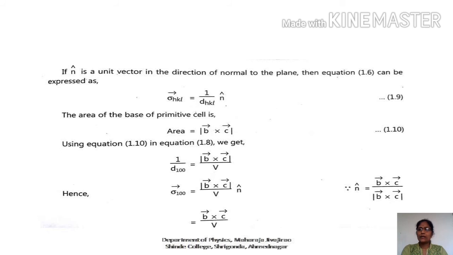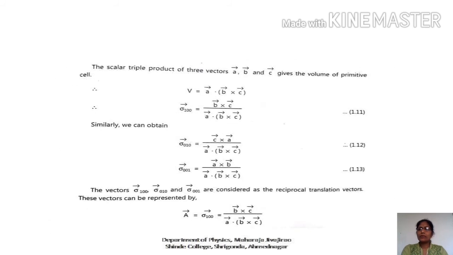Now we know that volume is given by a dot b cross c. Substituting the value of volume in the formula of sigma for 100 plane, you will obtain b cross c divided by a dot b cross c.